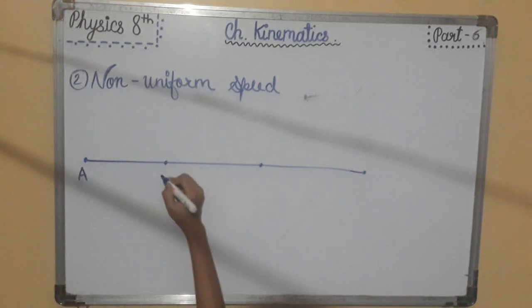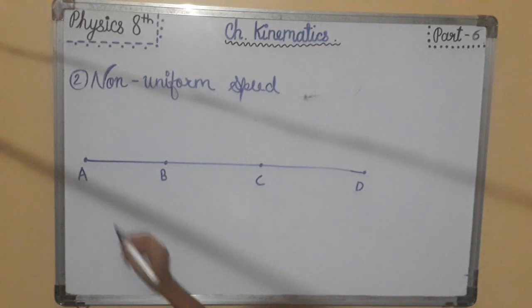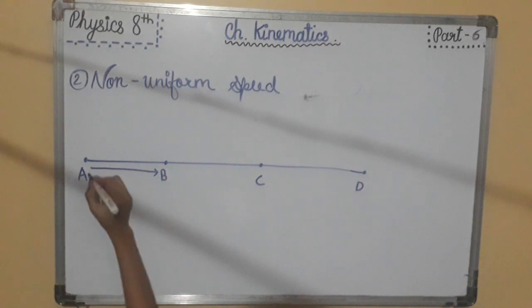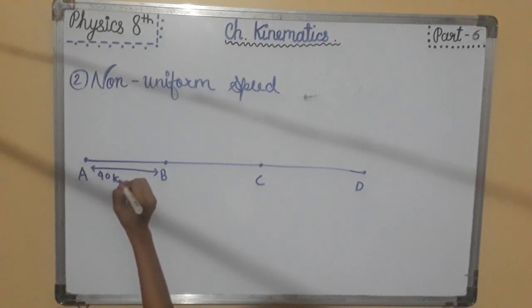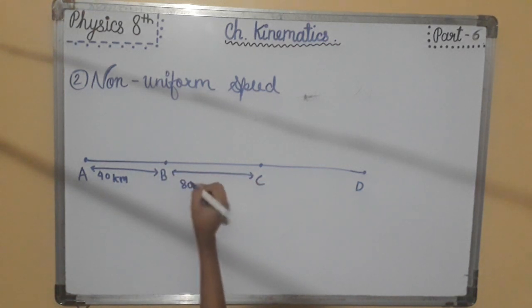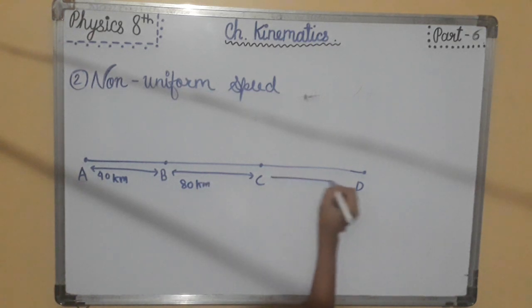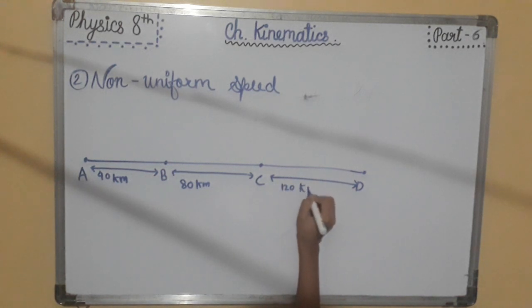This is point A, this is point B, this is point C, this is point D. AB's distance is 40 kilometer, BC's distance is 80 kilometer, and CD's distance is 120 kilometer.